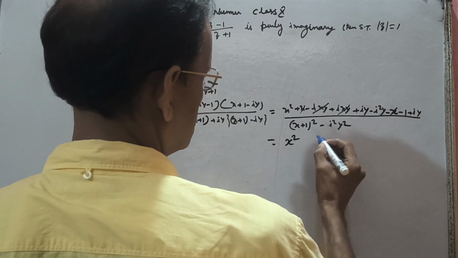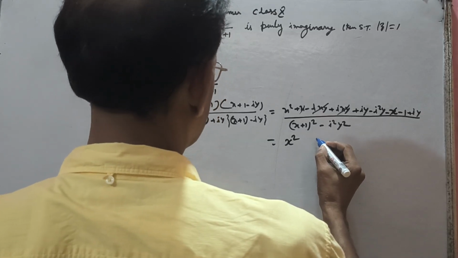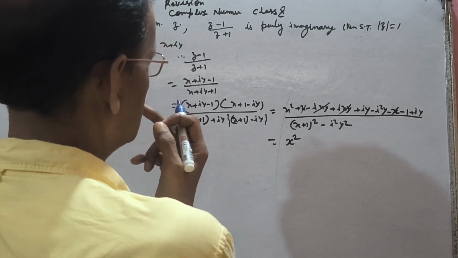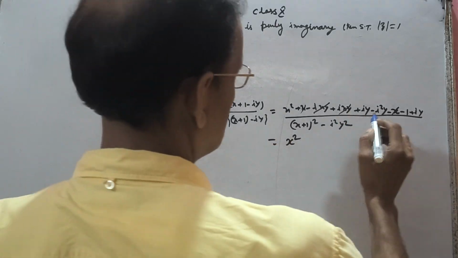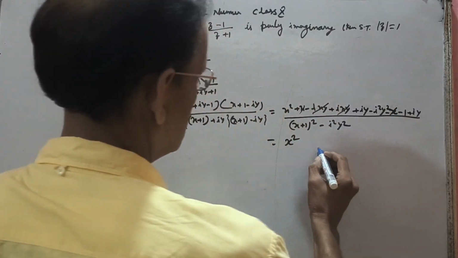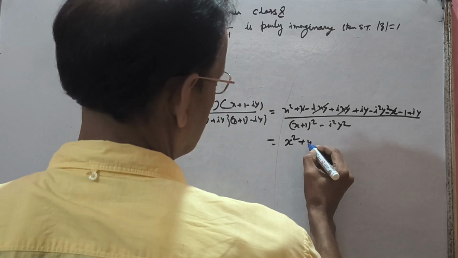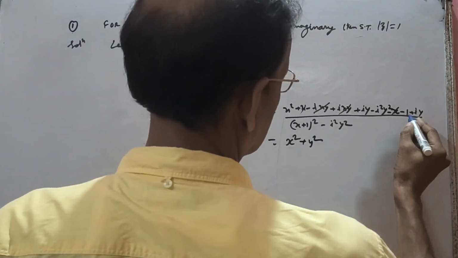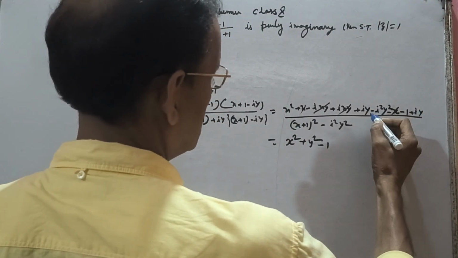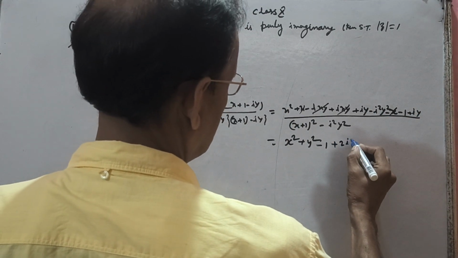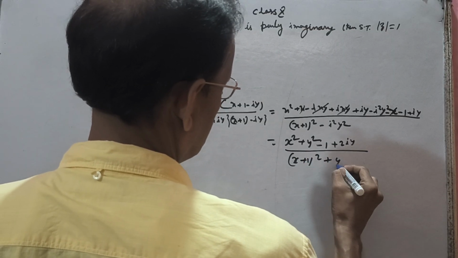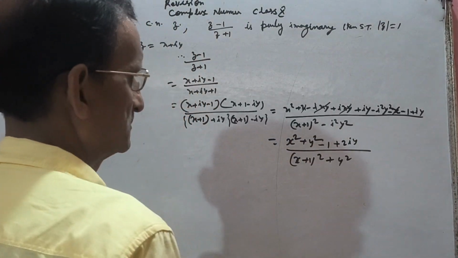So minus, plus i square y square, sorry. So this will be plus y square minus 1. And here minus 1 plus iy, how much will we get? Twice iy, by x plus 1 whole square plus y square, because i square is minus 1.